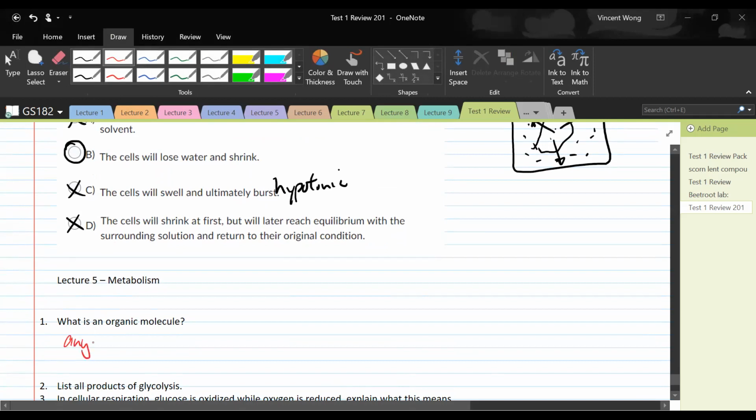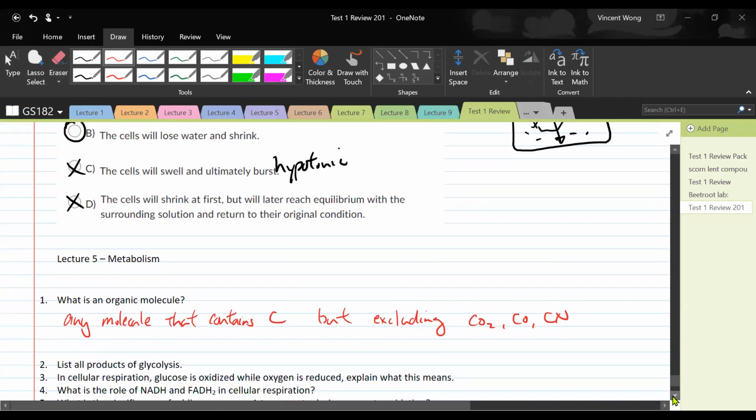So any molecule that contains C, but excluding CO2, CO, and CN. The people who came up with the rules, they're like, let's make it confusing. Let's not count these for whatever reason.